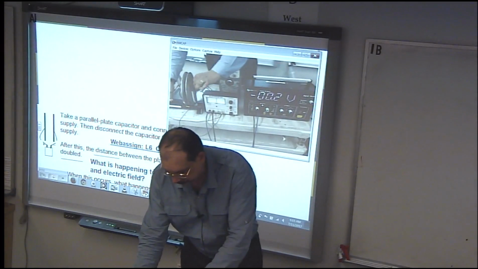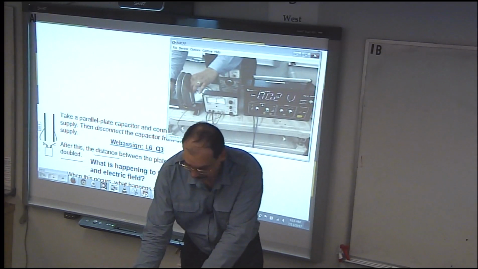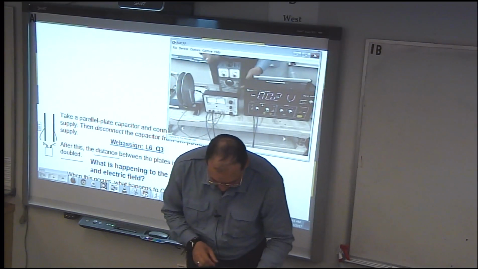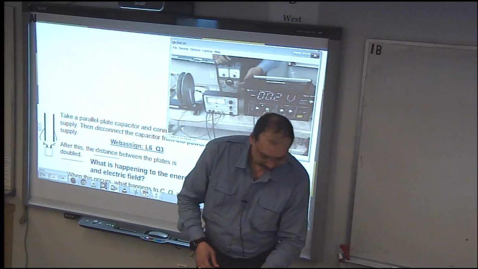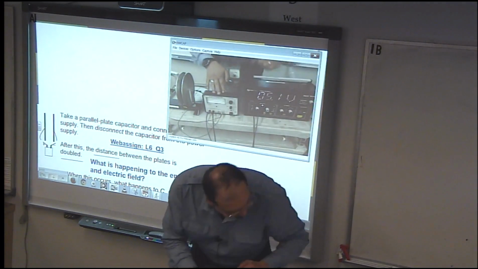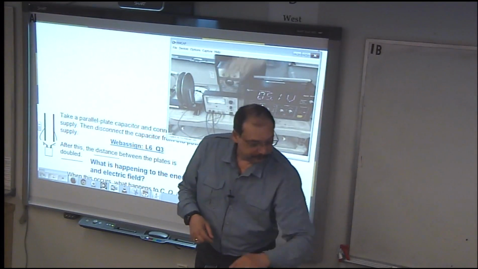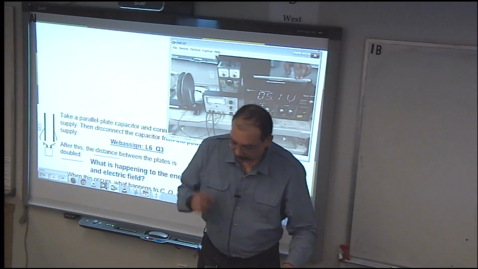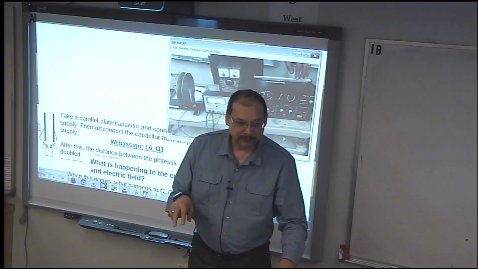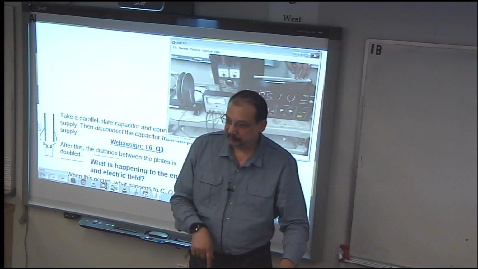So I can move the plates apart. All right, it's in the screen. Now I need to connect the power supply and turn it on. And turn this on. So you can see a certain voltage. And the first question was about the capacitor when it remained connected.